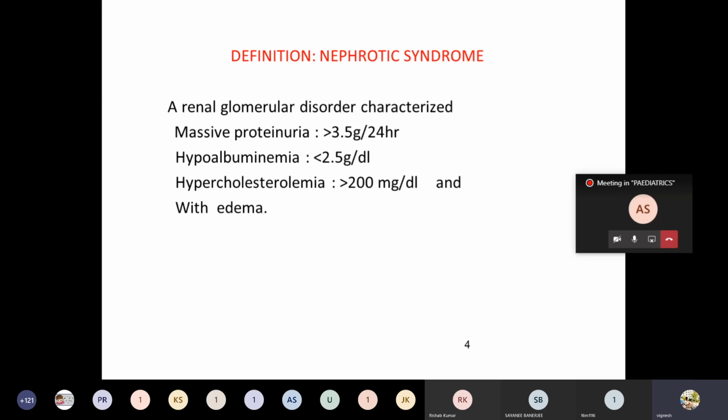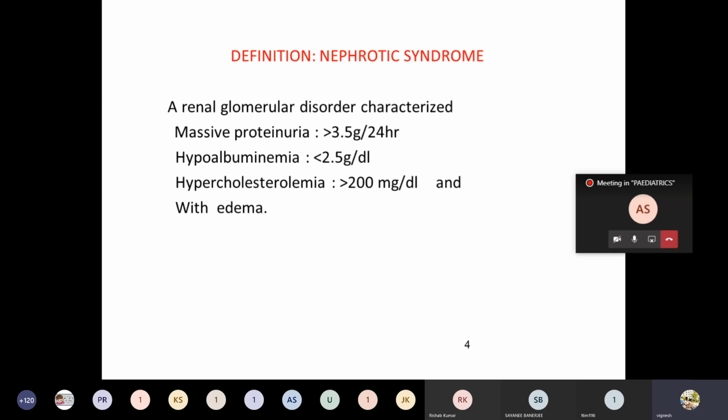Massive proteinuria means that if you measure protein loss in the urine over 24 hours, it is more than 3.5 gram. Hypoalbuminemia means whenever protein is lost from the body, the albumin level decreases, usually dropping below 2.5 gram per deciliter.